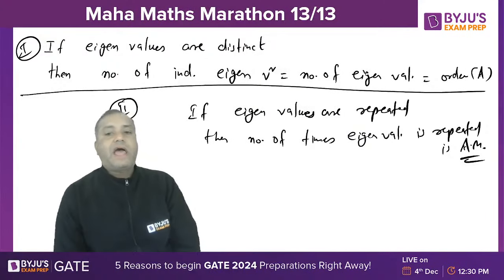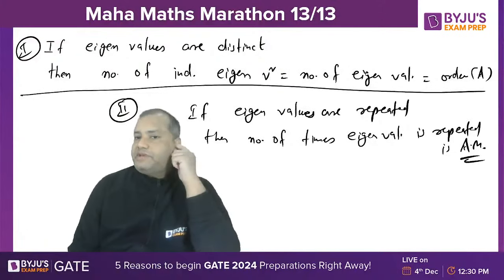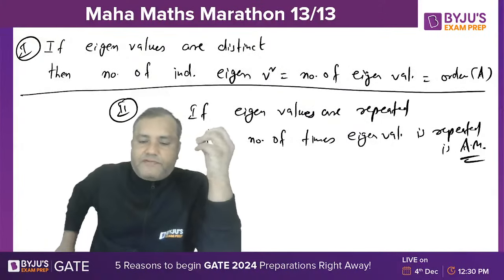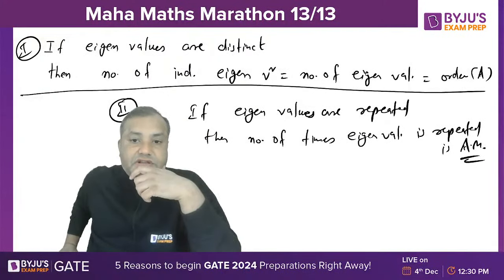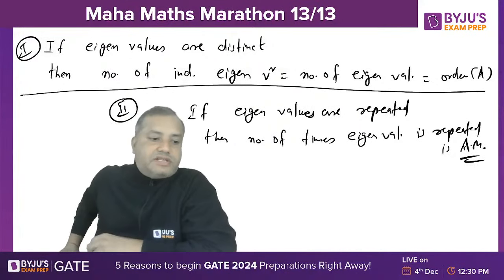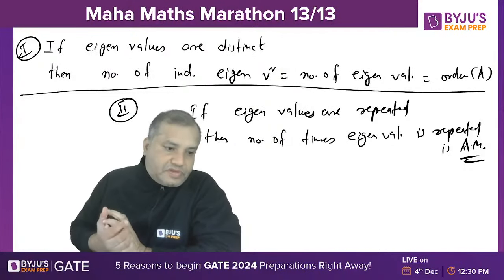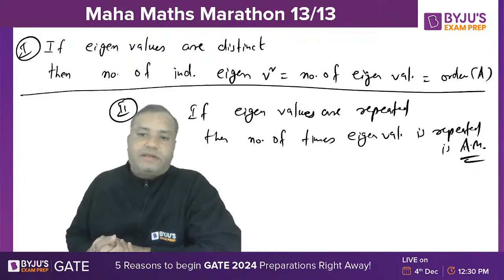So if an eigenvalue is repeated, then check how many times it appears. Number of times an eigenvalue is repeated is called as algebraic multiplicity.